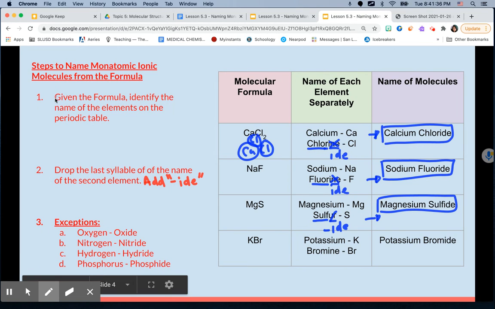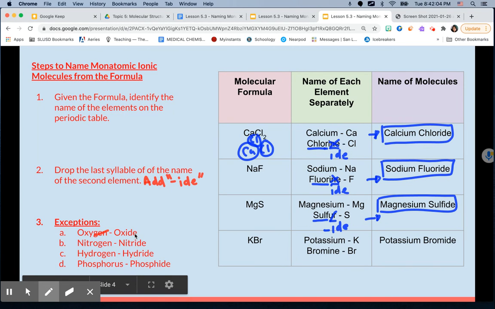So in your notes, I would definitely have these two steps and recognize that there are some exceptions to the rule of dropping the last syllable of the name of the second element. Oftentimes with these, if we drop the last syllable, like oxygen, dropping "gen," this is a vowel, so we kind of just change it to a little bit shorter.